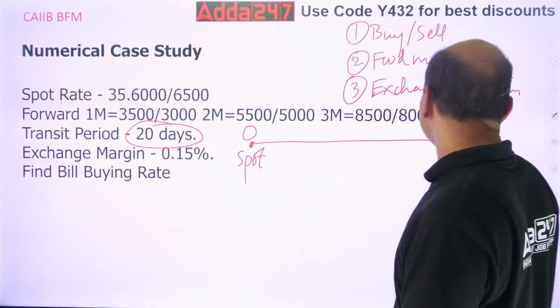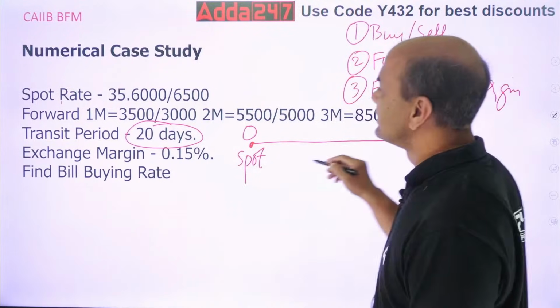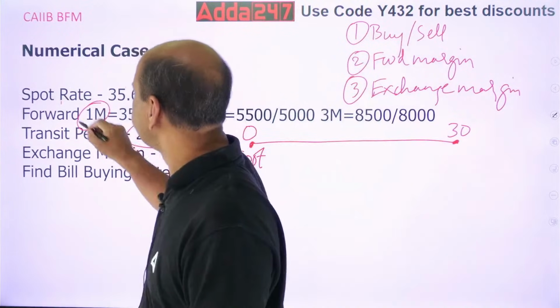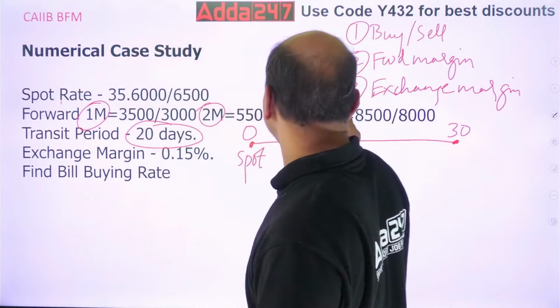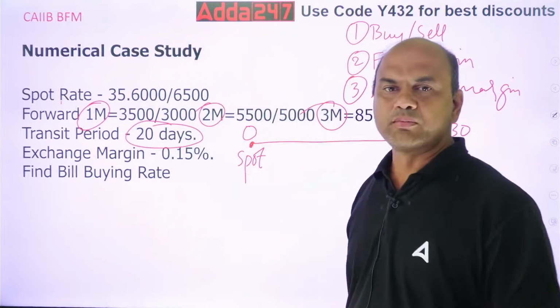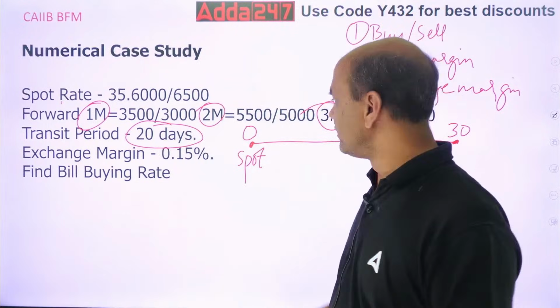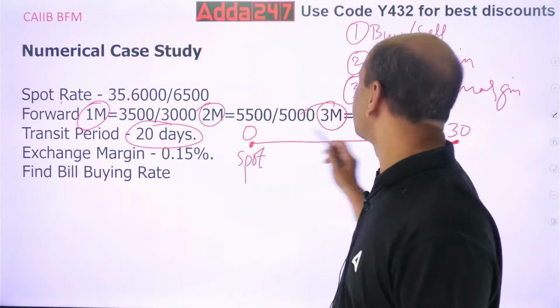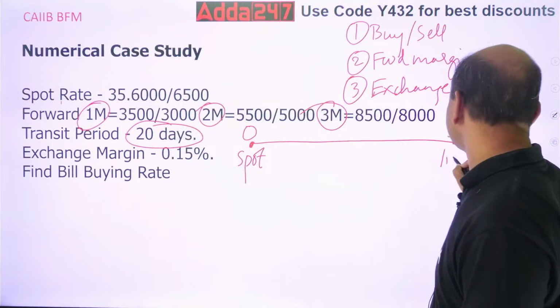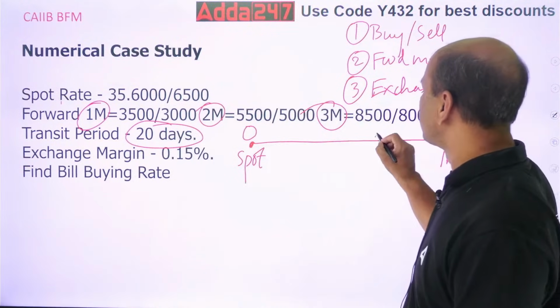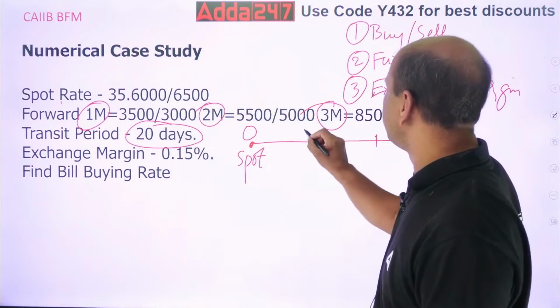Why 30? Because we are focusing on 1 month. This is our target: 1 month or 2 month or 3 month. Month means 30 days. So we are focusing on 0 to 30 days, 1 month. So I'll lie somewhere over here, 20 days.